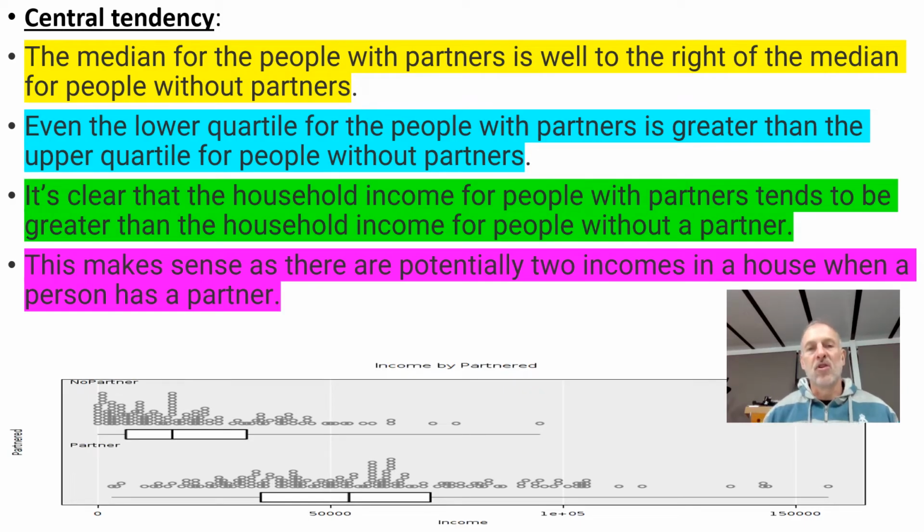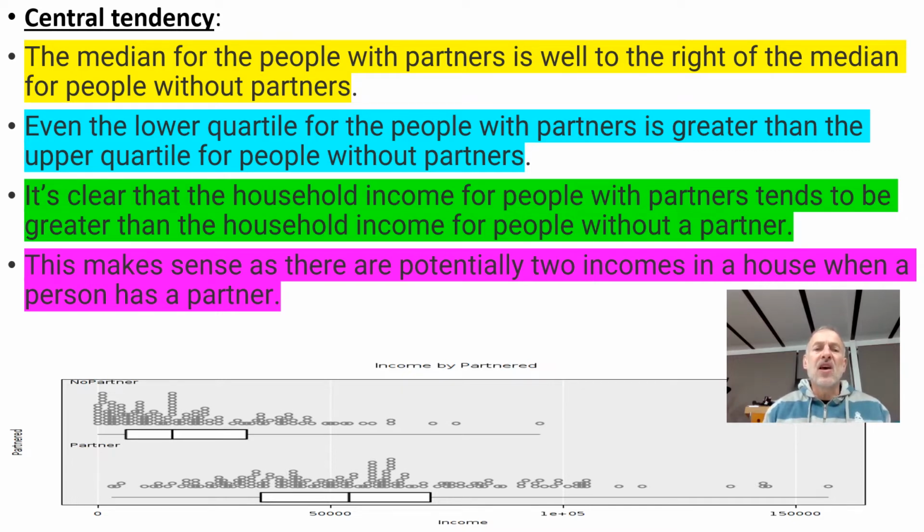Okay, people, let's start with the obvious, central tendency. The median for the people with partners is well to the right of the median for people without partners. Even the lower quartile for the people with partners is greater than the upper quartile for people without partners. Make sure that you understand everything that I've said so far.